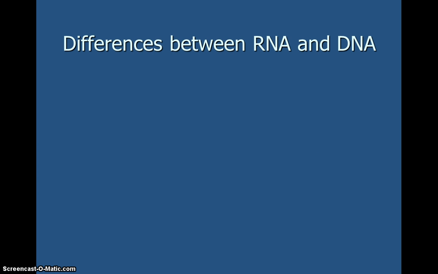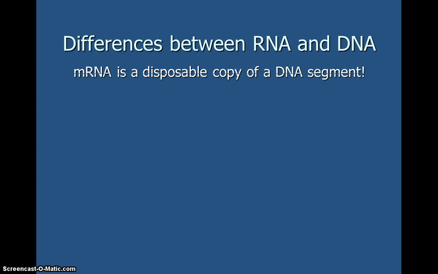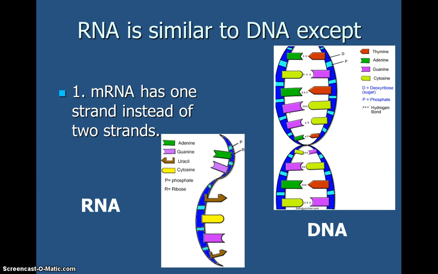So the differences between RNA and DNA, we'll start there. mRNA is a disposable copy of a DNA segment, so it's only part of a DNA segment. RNA is similar to DNA, except mRNA is 1 strand and DNA is 2 strands.